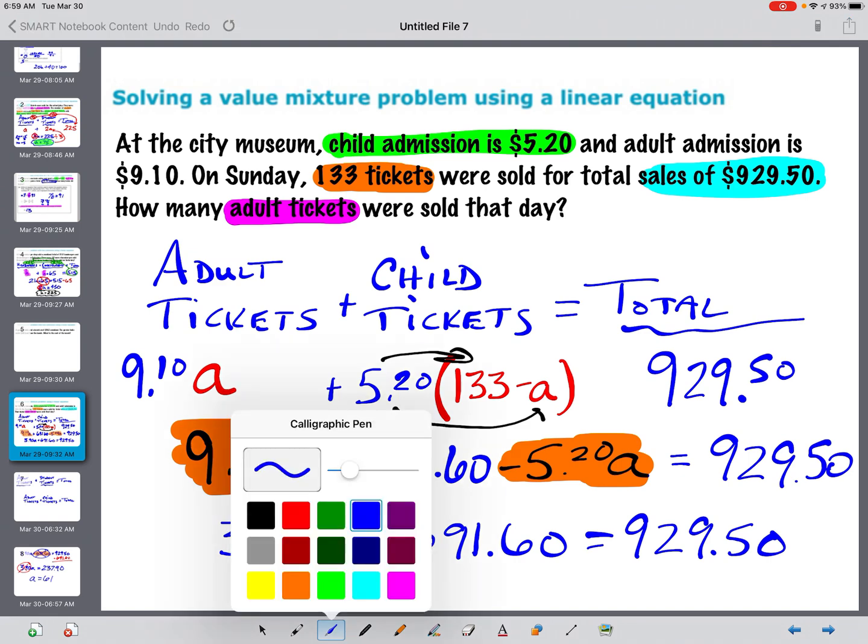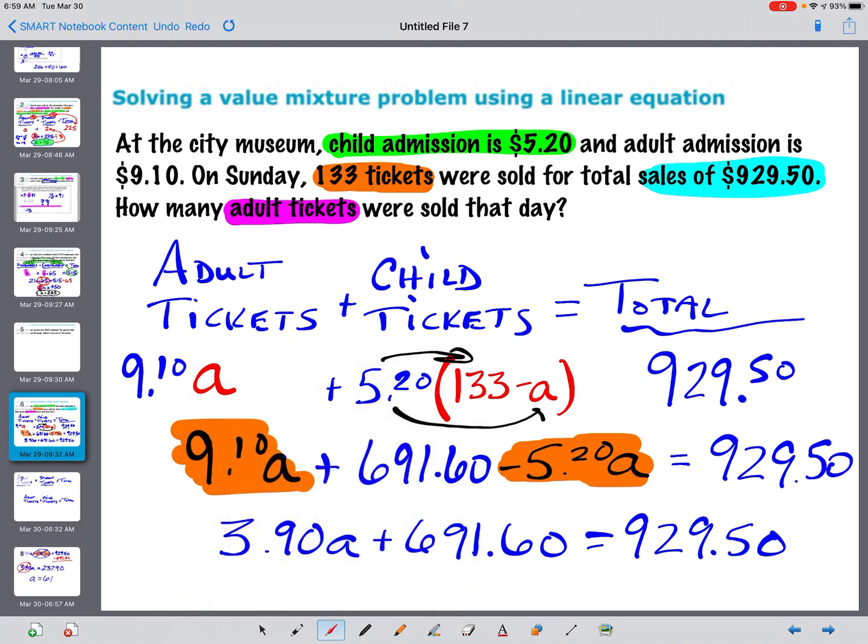All right, and so let's check it out to make sure it works. So that answers the question, 61 tickets. And we'll subtract from the 133 for child tickets, right? So that's 72.